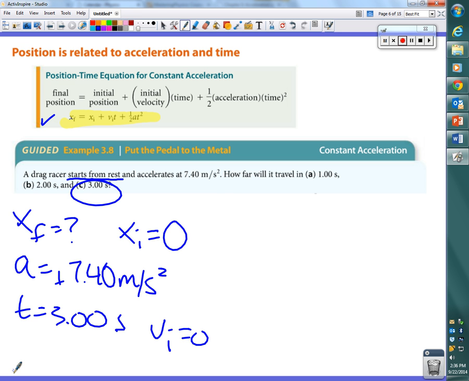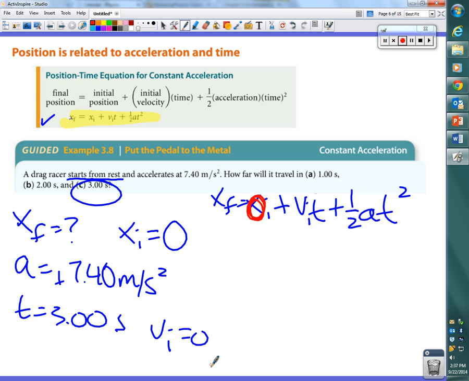Okay. All right, so then, x final equals x initial plus v initial t plus 1/2 a t squared. Based on the information that we got out of the problem, a couple of these things can go away. First, the initial position being 0 means that that term becomes 0.